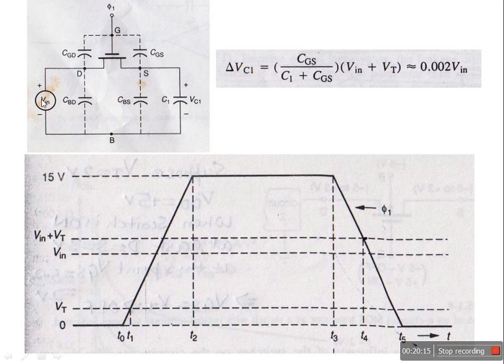Okay, so we want that only V in should charge the capacitor, and while charging there should be no role of phi 1 to charge C1. Only V in should charge C1, the capacitor. Role of phi 1 is to just make a path to connect this circuit. Otherwise it should not have any other purpose.